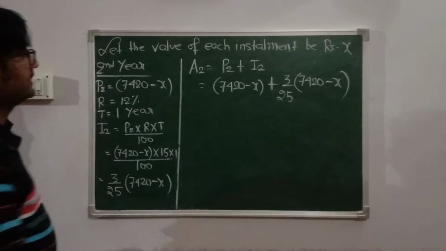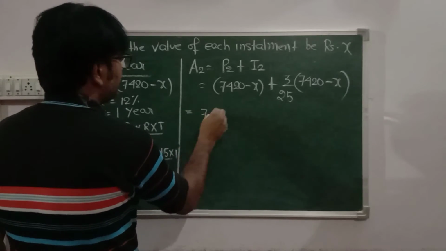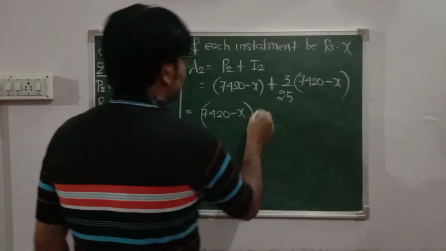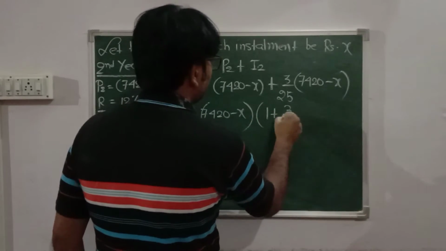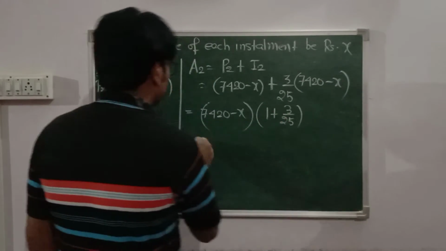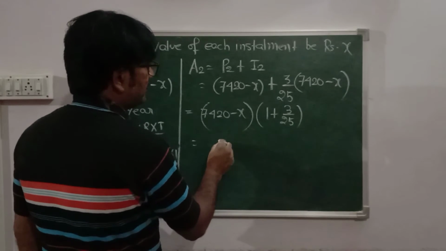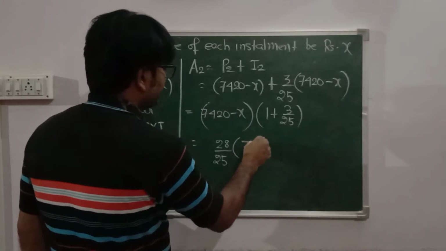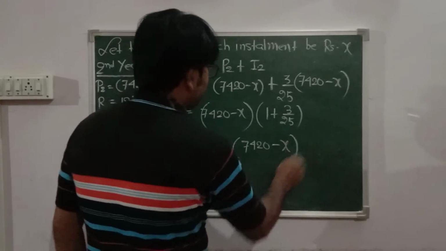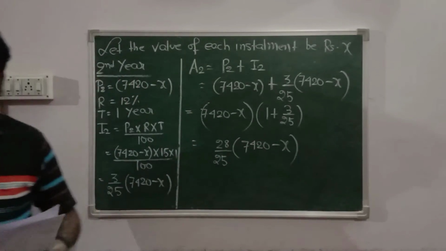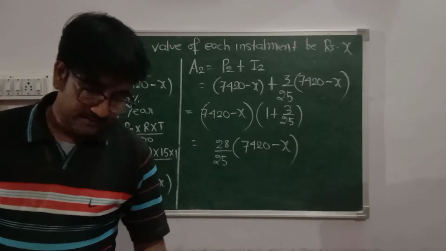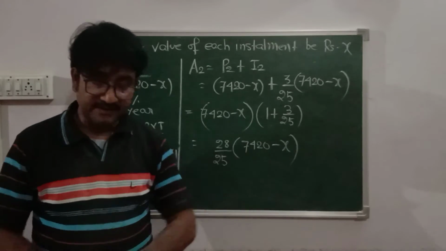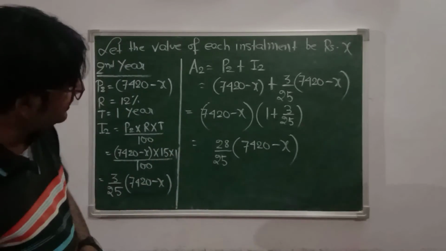You can take 7420 minus x common here, and it will be 1 plus 3 by 25. So that comes to 28 by 25 into 7420 minus x. So this is the amount which is outstanding, or the amount which the last installment he has to pay. This particular thing has to be equated to x.